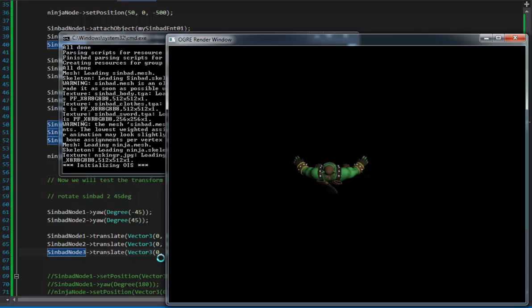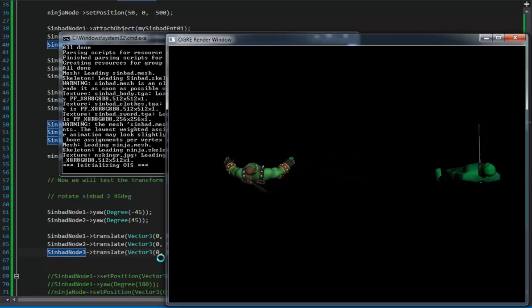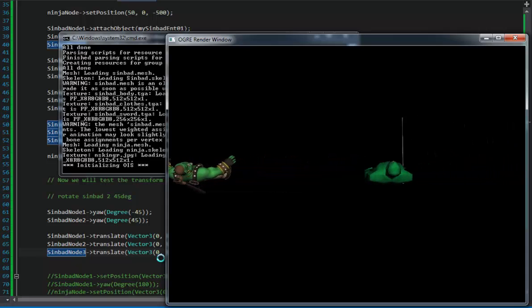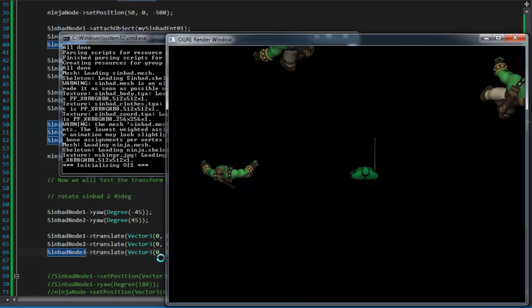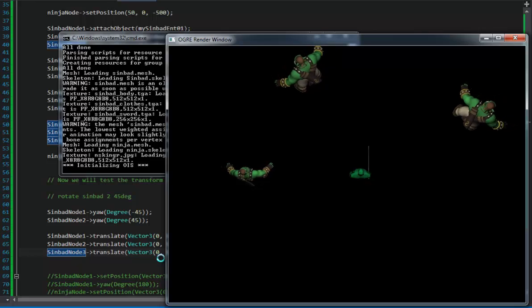And then this is my parent. The Sinbad node 2, which I moved along the z-axis of the parent, actually moved vertically up because the z-axis of the parent is vertically up. Remember, we used the pitch to move the Ninja around.